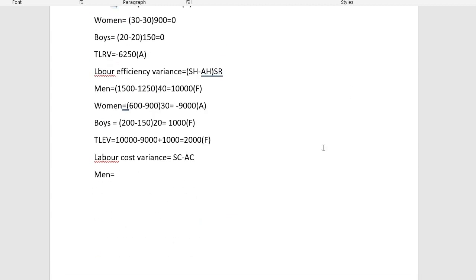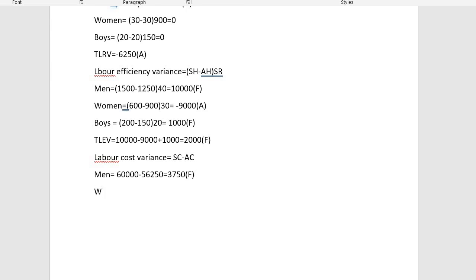It is very simple. So for men, 60,000 minus 56,250. The difference is 3,750, which is favorable variance, meaning positive variance.